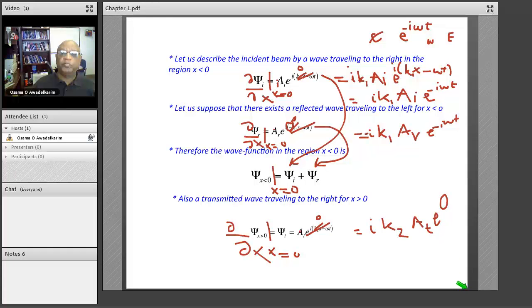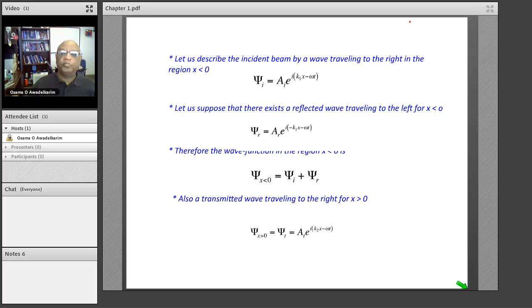Now, how does that change the calculations, or how does that change the solutions? So, I'm going to do the same thing. Assume an incident wave with wave number k1 in the left-hand side region and with frequency omega. Then assume a reflected wave, psi r, again k1 wave number, and omega frequency.